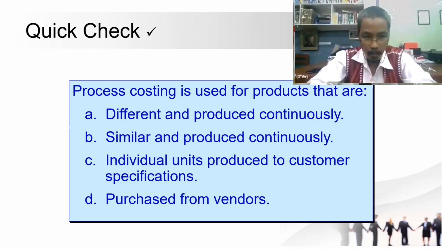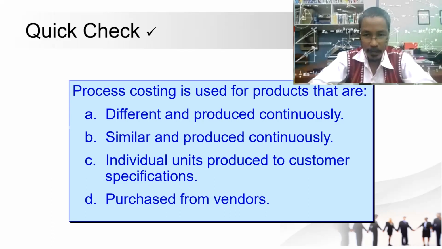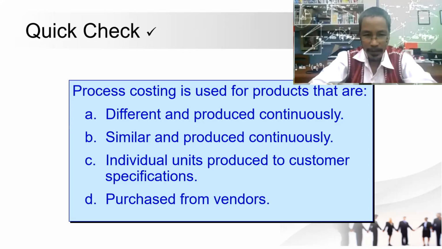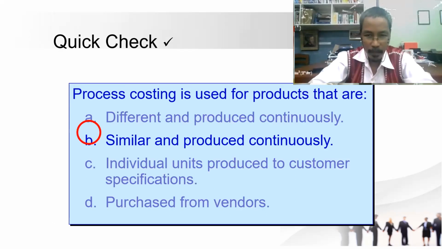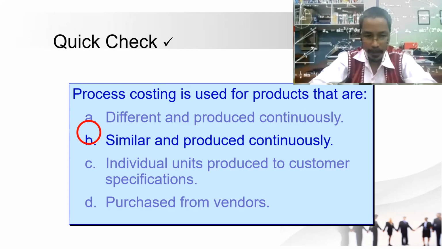So process costing is, you have to guess an answer, and the answer would be letter B, similar and produced continuously for a long period of time.